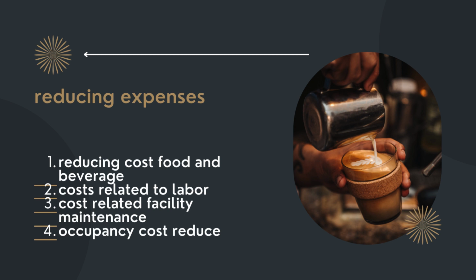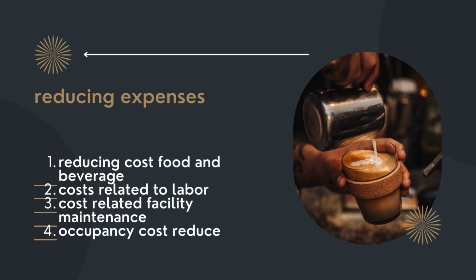And then of course yung occupancy cost reduce. So sa occupancy we can also bargain the rental, and if you're not earning that good, then of course the building, if we are just renting the area, I think we can also negotiate with regards to the rental also.